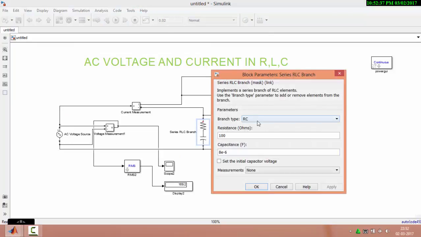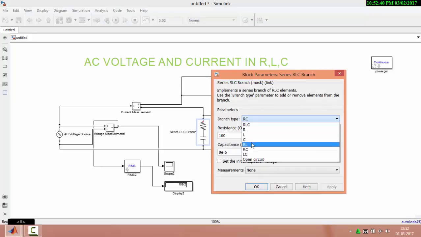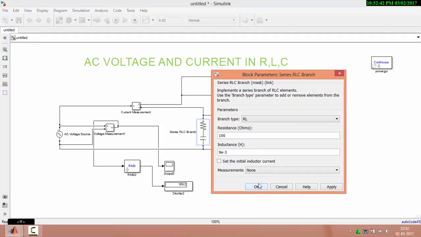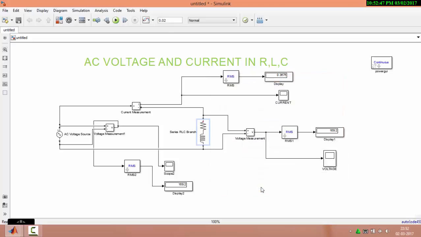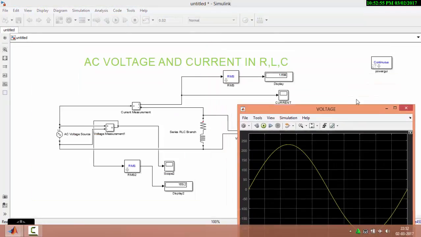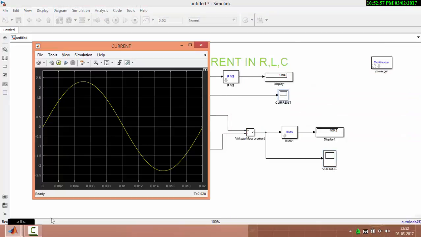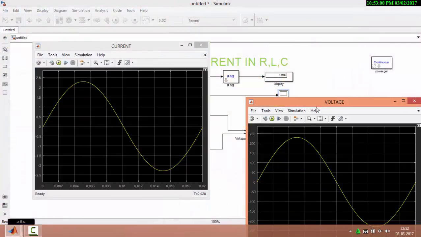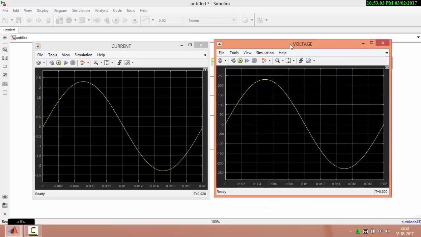Now let us see the response for an RL circuit. Before we have seen for the RC circuit, now we will see the voltage and current response for an RL circuit. Now you can see that here R has the dominant value and hence the voltage and current are in phase.